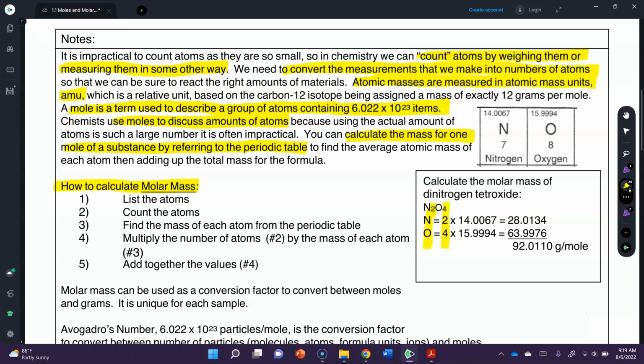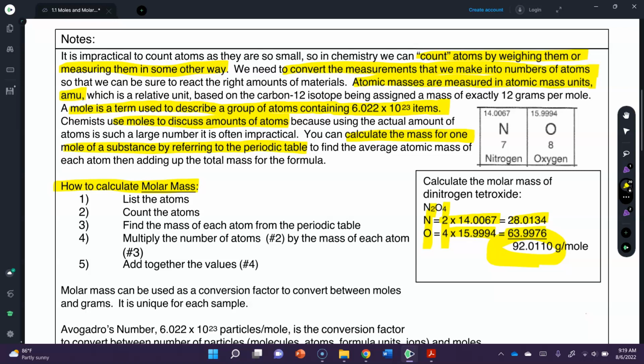Those two are the same. This is just one that goes out to more significant figures, but they work the same. So we find the periodic table masses for each atom, and we multiply them by the number of atoms, and then we add them together to get the total molar mass for the compound.